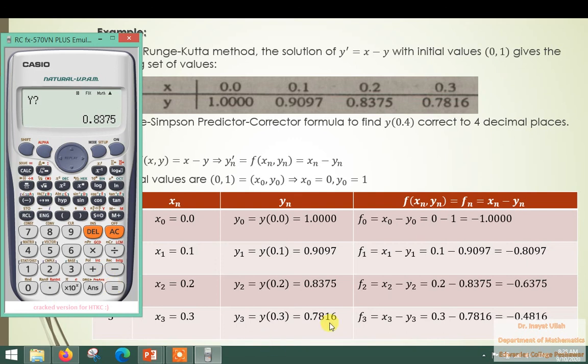So y is 0.7816. Now press the equal button, and you get this number, which is minus 0.4816. So this is how we use the calculator to find these values of the function by fixing our calculator up to 4 decimal places.